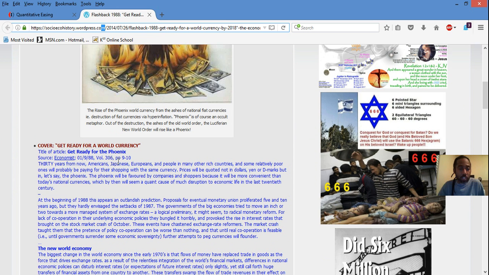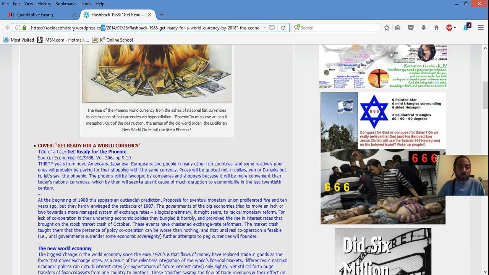The volume is 306, pages 9 and 10. 30 years from now, Americans, Japanese, Europeans, and people in many other rich countries and some relatively poor ones will probably be paying for their shopping with the same currency. Prices will be quoted not in dollars, yen, or D-marks, but in, let's say, the Phoenix.